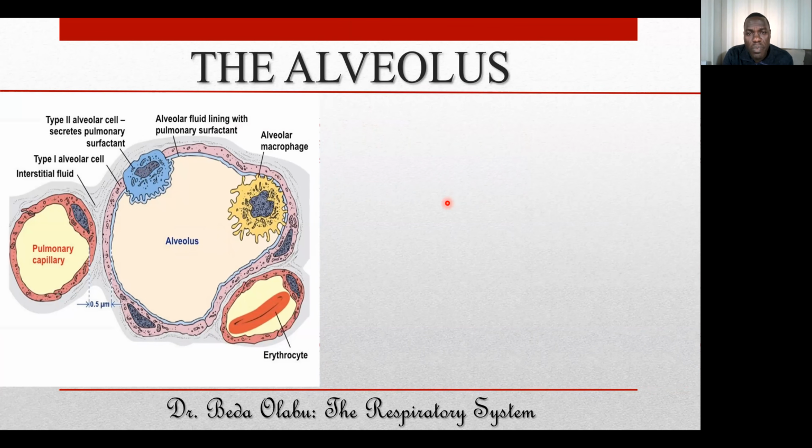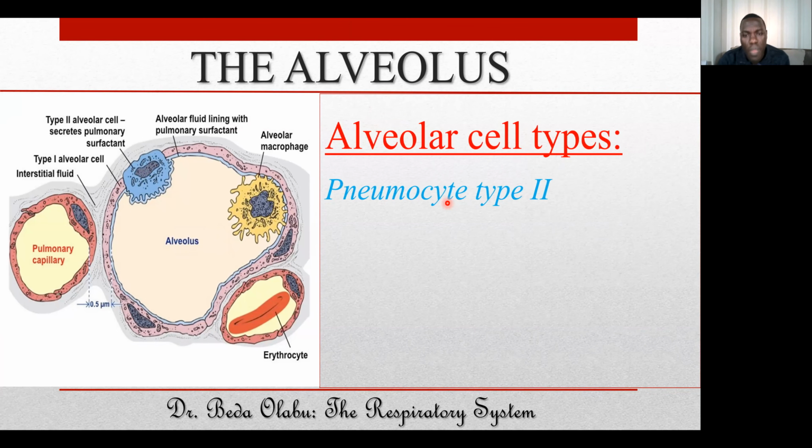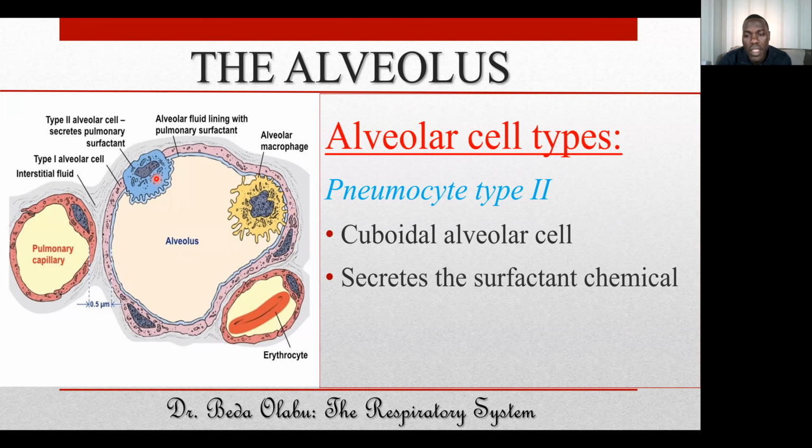The second cell type is called pneumocyte type 2. Pneumocyte type 2 are the cuboidal alveolar cells, which is this one here. These pneumocyte type 2 have two key functions. One, they secrete surfactant. So by now you know two cells that secrete surfactant, the Clara cells and pneumocyte type 2. But remember, Clara cells are only in the bronchioles.